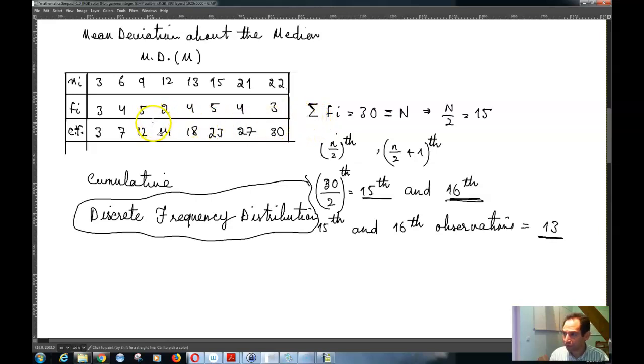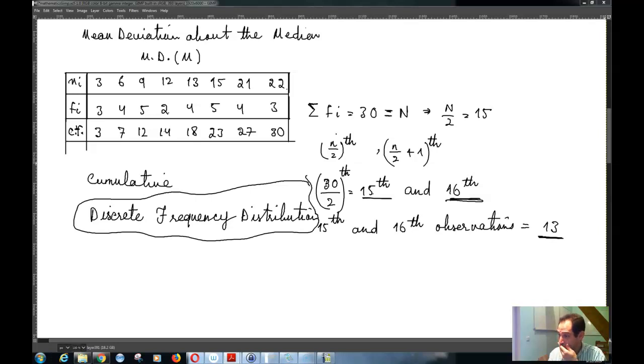This value of the observation lies in the middle of the data, and therefore it is the required median. After finding the median, we obtain the mean of the absolute values of the deviations from the median. So that's what we had next.